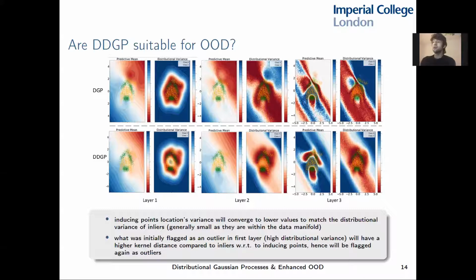If we look at the columns entitled distributional variance, which, as you might recall, is a measure of out-of-distribution detection, we can see that in the second and in the third layer, the distributional deep GP does a better job at highlighting points which are outside the data manifold, as opposed to the deep GP, which extrapolates quite widely and incorrectly to regions with low distributional variance.